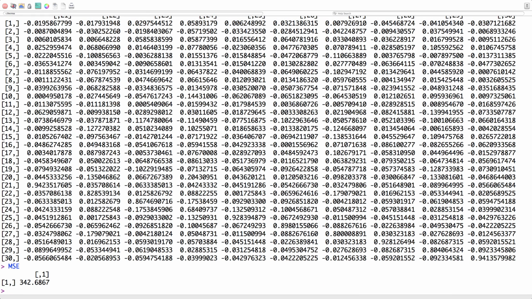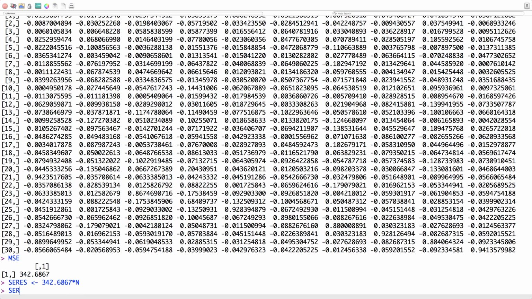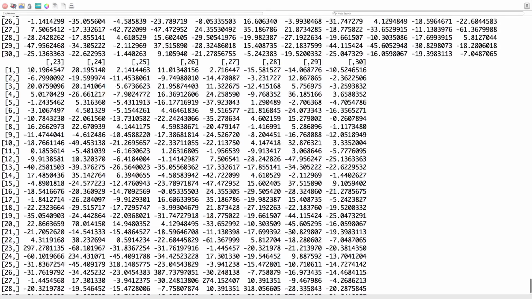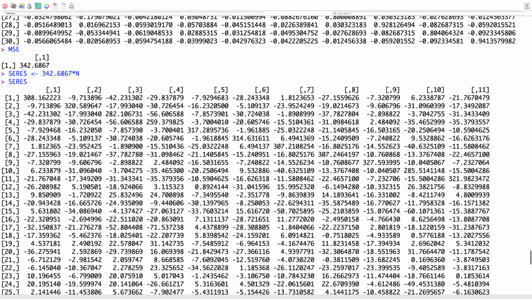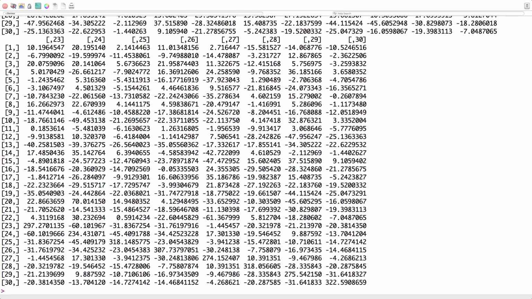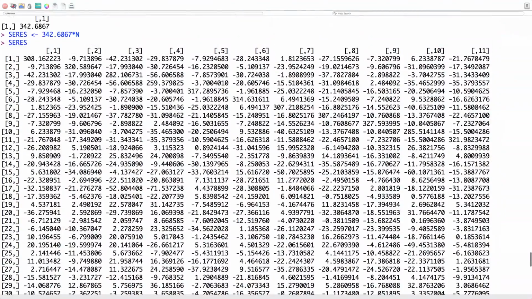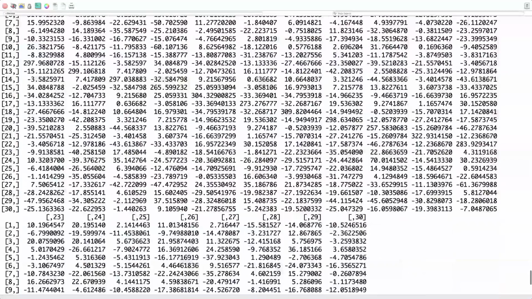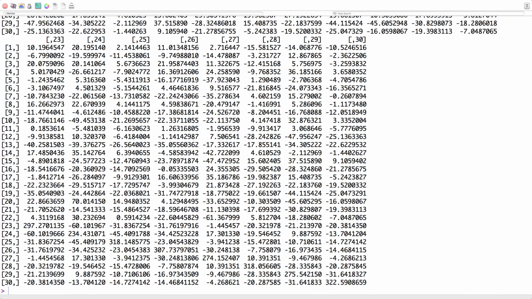So I'm going to do the standard error for the residuals, taking 342.6867 and multiplying it by what I call the n matrix. And we get the standard errors for the residuals. Okay.